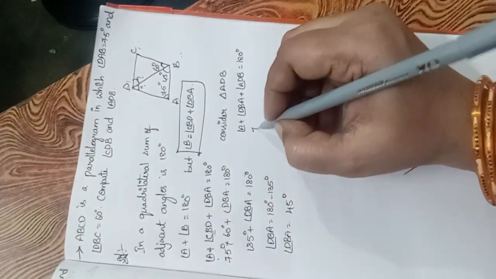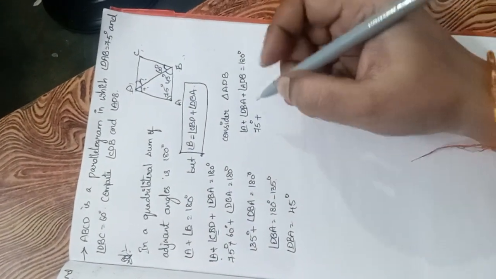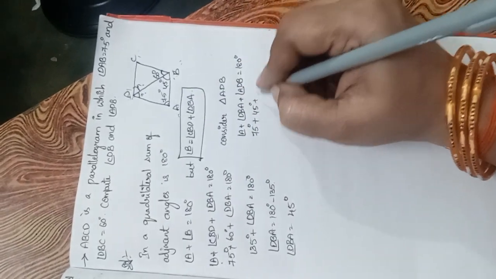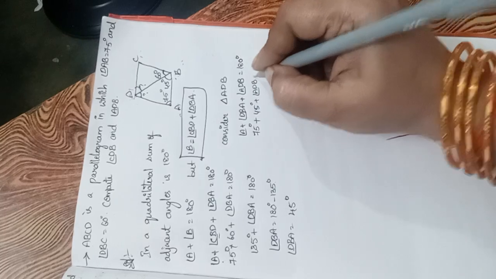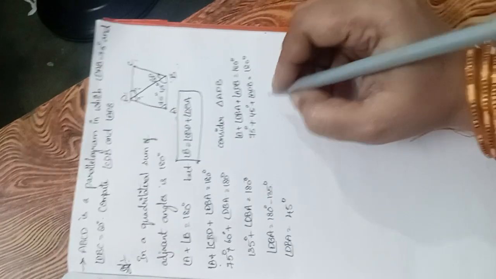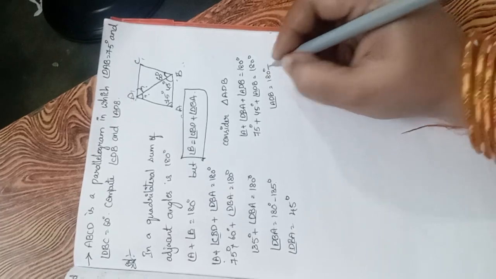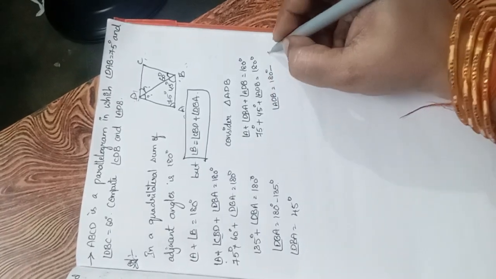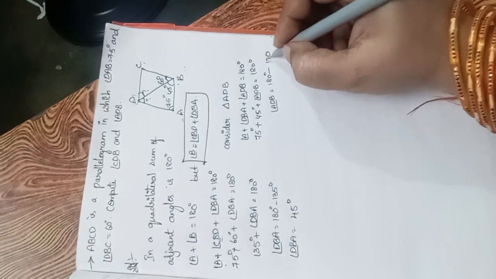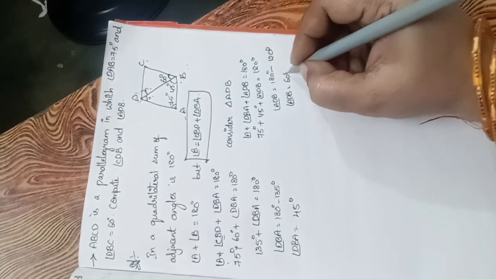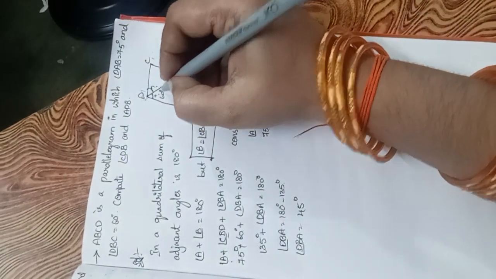So angle A is 75 degrees, angle DBA is 45 degrees, plus angle ADB equals 180 degrees. So angle ADB equals 180 degrees minus 120 degrees, which gives angle ADB equals 60 degrees. So this is 60 degrees.